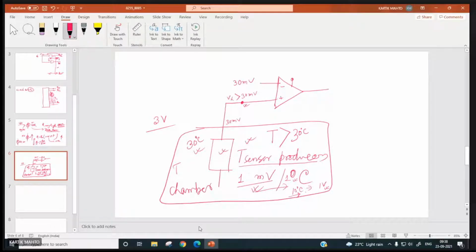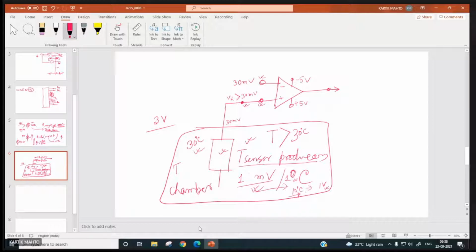And if this is plus VCC is 5 volt and minus VCC is minus 5 volt, what will be the output of the comparator? Right. If this is 30 millivolt, this is 30 millivolt, both inputs are 30 millivolt, what will be the output?